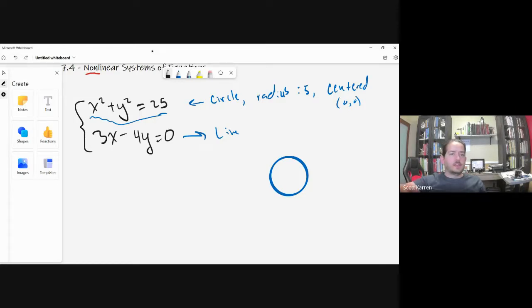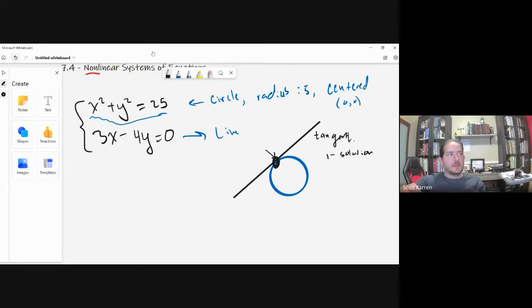Or the line could come and touch. I can draw a straight line just by hitting shift, but I might have the line come and just touch the edge of the circle. This line is then called a tangent line because it only touches the circle in one spot. If that's the case, then I have one solution, wherever it touches.